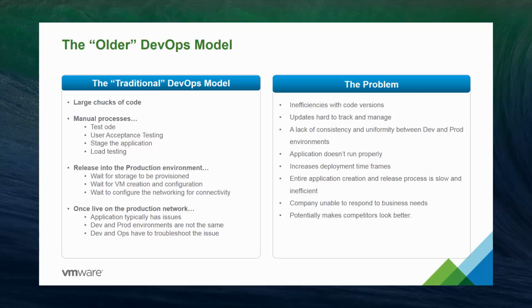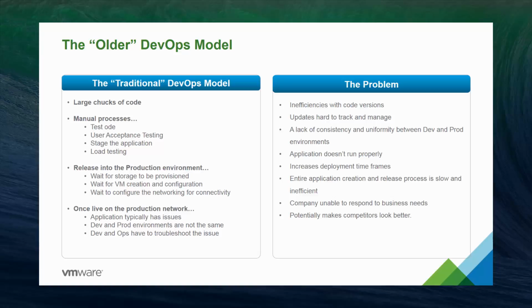Once everything has been provisioned and configured and is live on the production network, the application typically tends to have issues. The reason for this is that the development environment where they built the application and the production environment tend to not be exactly the same. Because of the cost and the maintenance, the amount of work it takes, you'd basically have to have two identical entire networks, which is not feasible for most companies, right?